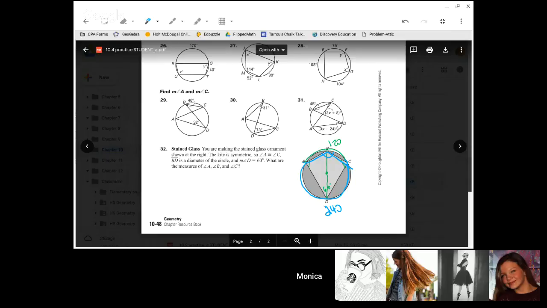And then we know for A and C, the interior angles inside that kite have to add up to what? Well, all of them have to add up to 360.